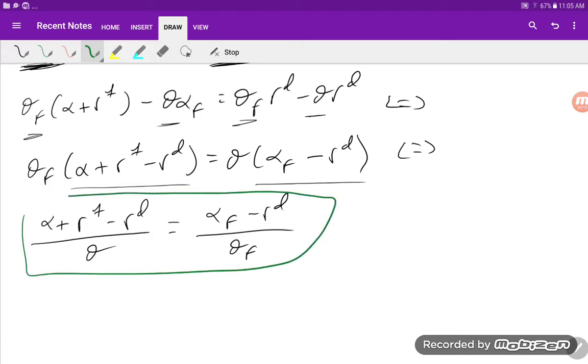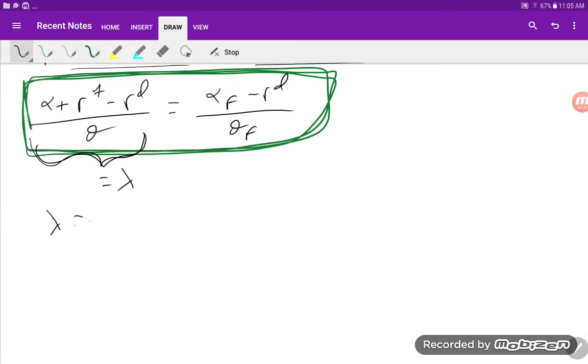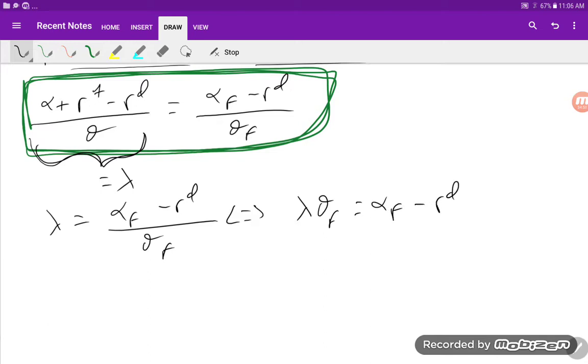So here you have a market price of risk equivalency between the underlying and the claim. Now let's call this one lambda. That leaves us with lambda equals alpha subscript f minus rd over sigma subscript f, which, multiplying through by sigma subscript f, gives lambda sigma subscript f equals alpha subscript f minus rd.